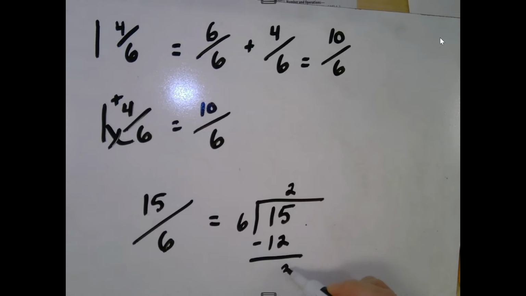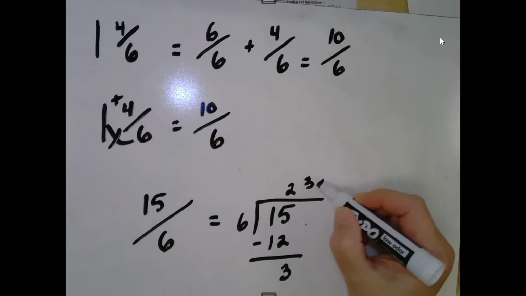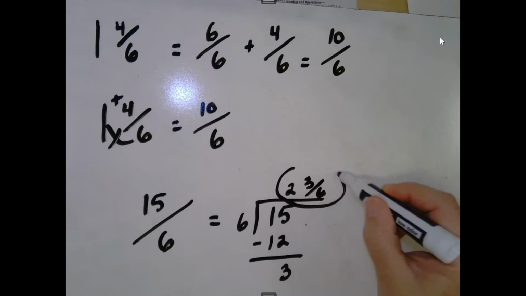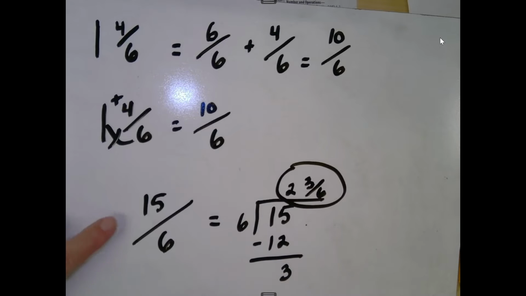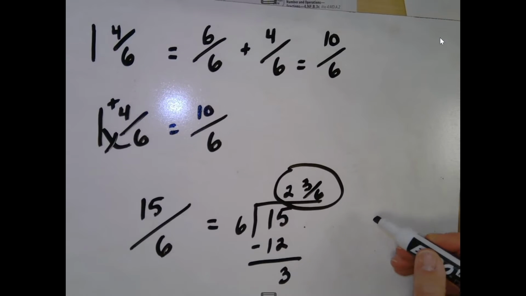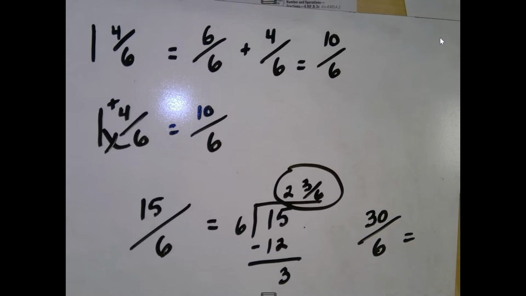When we subtract, we get 3. So that's 2 and 3/6 left over. So that will give you the mixed number if you divide it. This is just a division problem. I could even do, say, 36/6. That's the same as 30 divided by 6, which is a whole 5.